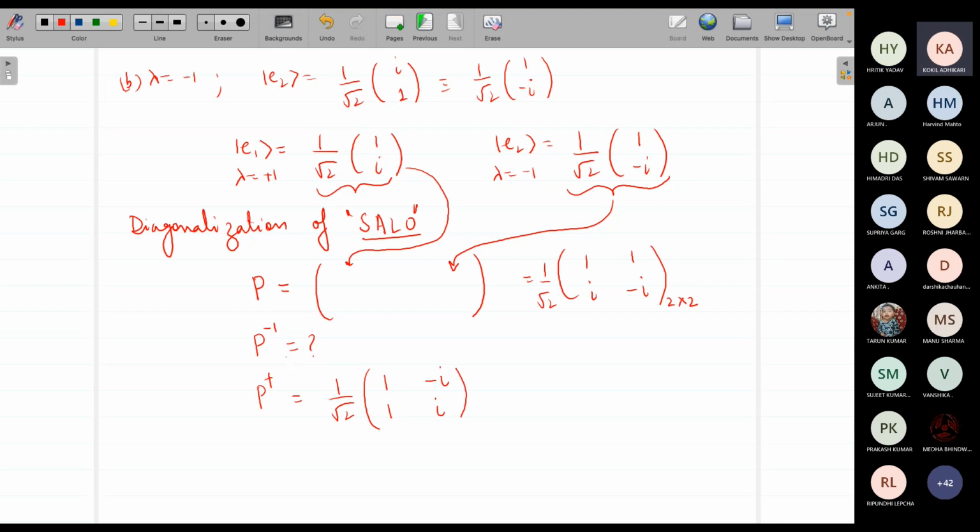What about P inverse? How will you get it? Just interchanging and changing the signs. 1 over determinant of P and then this guy interchanged: this minus i, 1 becomes minus 1 and i becomes minus i. What is the determinant of P?